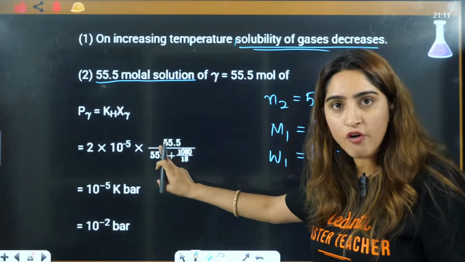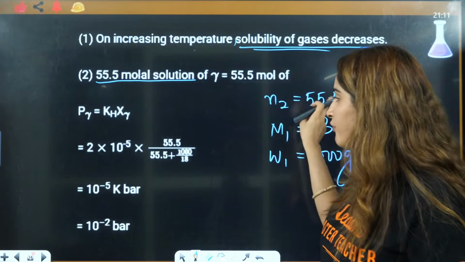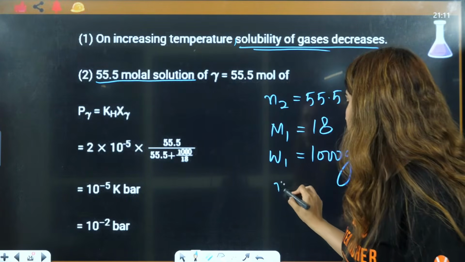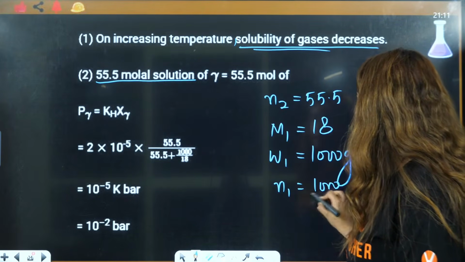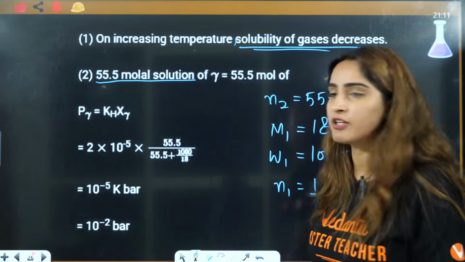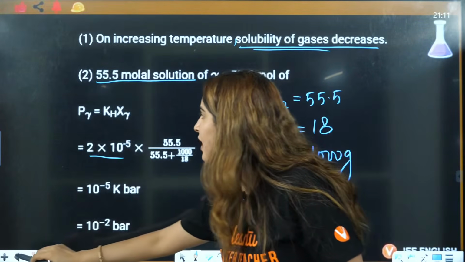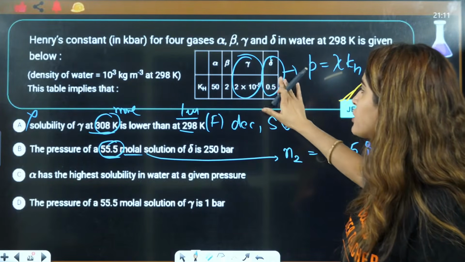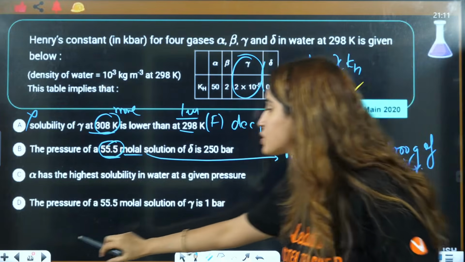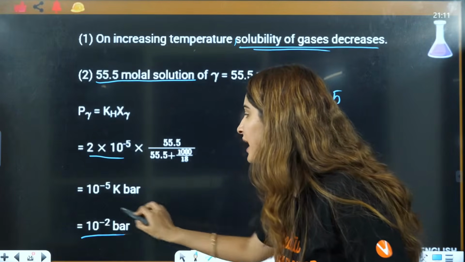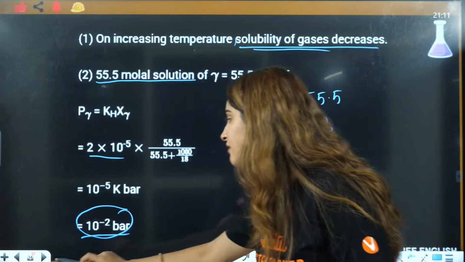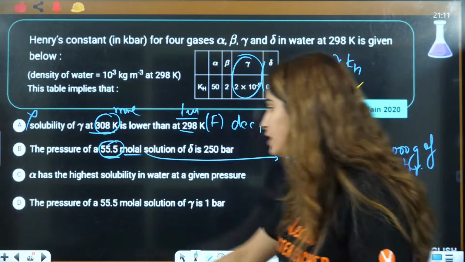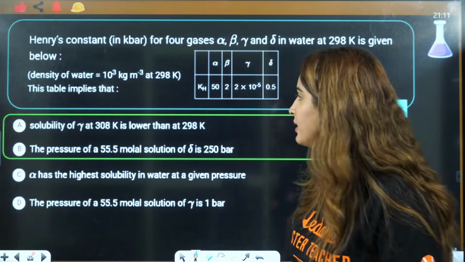It is the number of moles of solute, 55.5, divided by total moles, where number of moles is weight divided by molar weight. KH value for gamma is given, 2 into 10 raised to power minus 5. Just put this value and you will get the answer as 10 raised to power minus 2 bar. And this is given as 250, so that is also an incorrect statement.